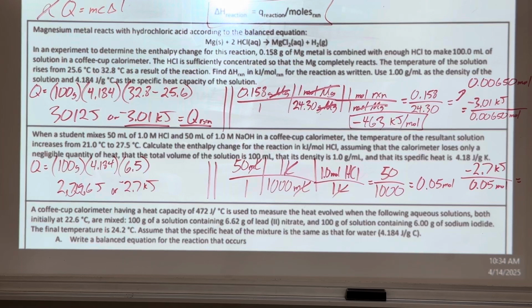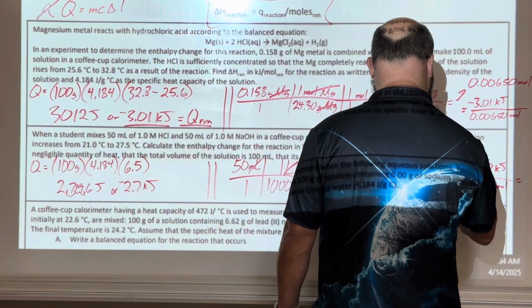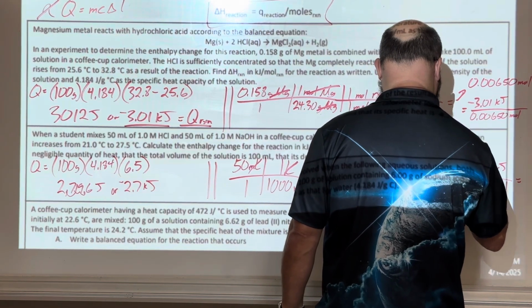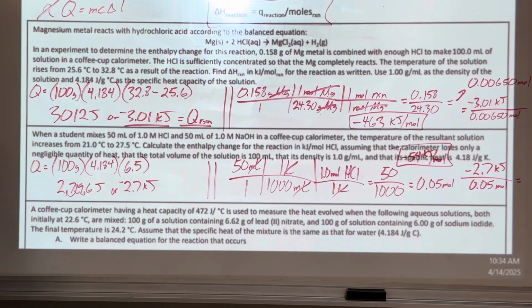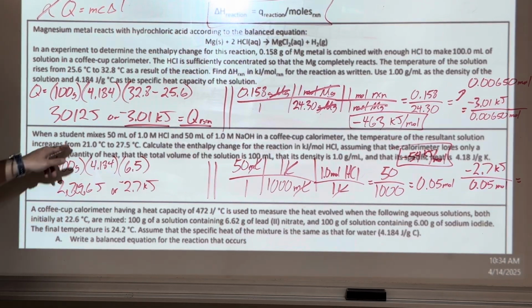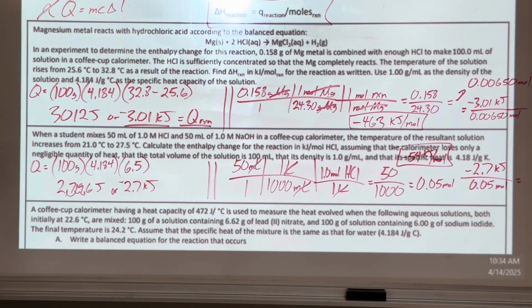Negative 2.7 divided by 0.05, and we get about negative 54 kilojoules per mole. All right, that's enough of technique number 1. Use your specific heat formula, get your Q, find your moles, take one divided by the other. It's not that bad, not that difficult.